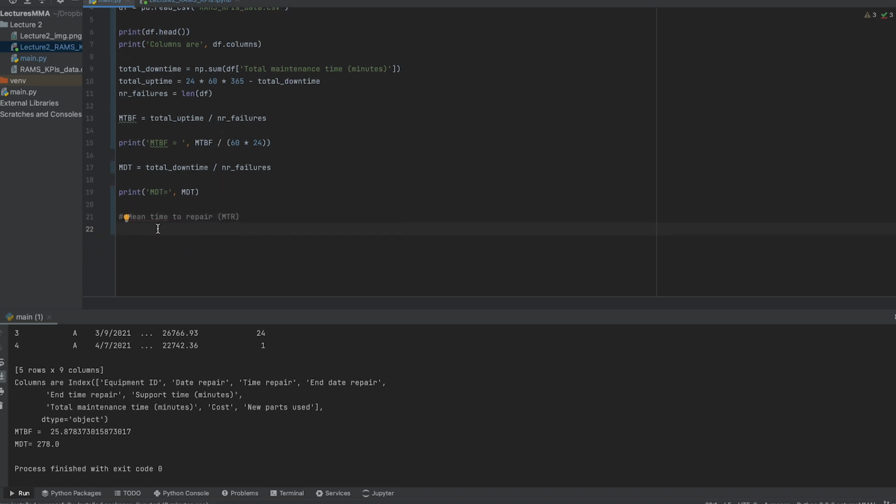And how we calculate this, it's a little bit trickier.